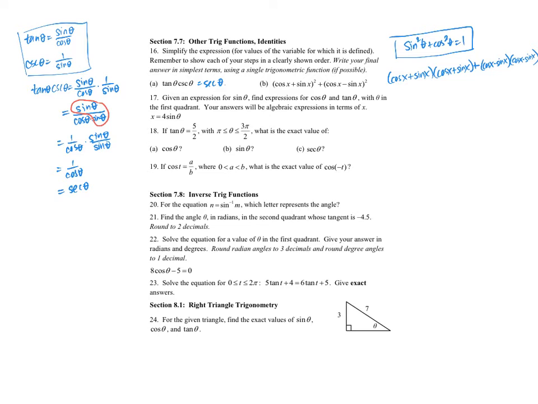So when I do cosine times each of those, and then sine times each of those, and cosine times each of those, and then negative sine times each of those. Okay, so cosine times cosine is cosine squared. Cosine times sine is cosine x sine x. And then sine x times cosine x is sine x cosine x. And then sine squared x.